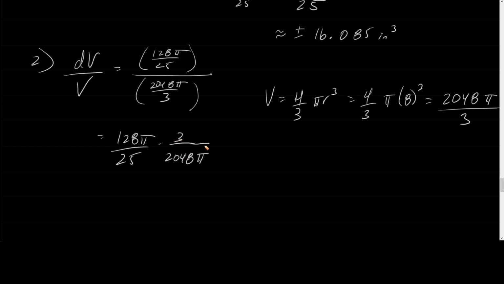At that point, we see this pi and this pi cancel each other out. 128 and 2048 are both powers of 2. So that tells me that 128 definitely goes into 2048. 128 goes into itself once. 2048 divided by 128 is 16.